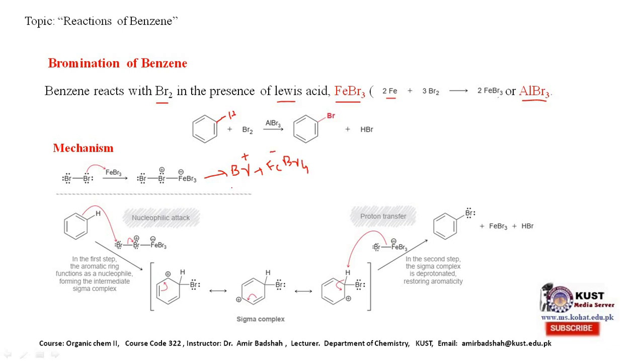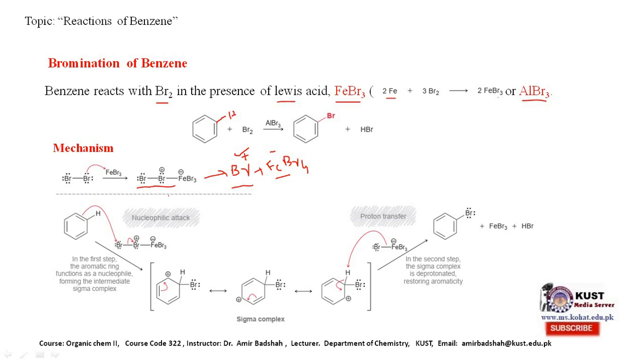In some cases it is free as such, and in some cases it is in a complex form. This depends upon the stability of the electrophile. If the electrophile is stable, then it will exist in the free state. But if the electrophile is not stable, then it will be in the complex form.